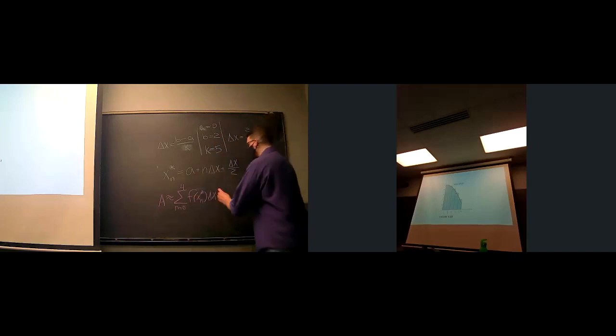So what this is going to come out to be then, once we do these calculations, it's going to be f of 1 over 5 times delta x, plus f of 3 over 5 times delta x.